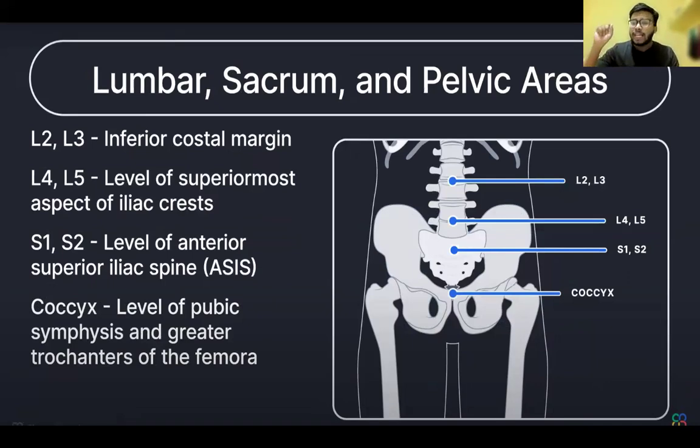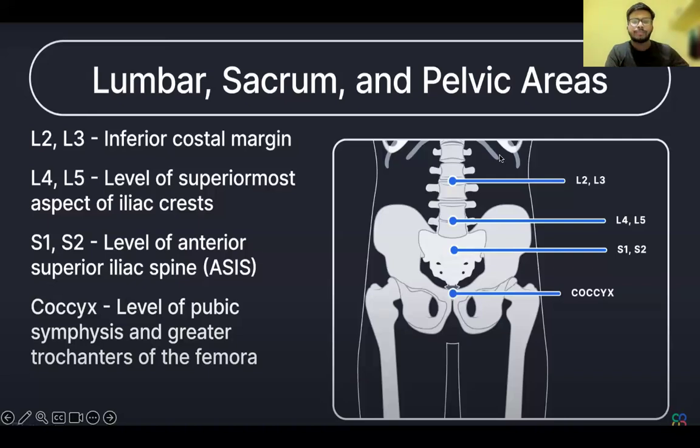At the level of L2, L3, the second and third lumbar vertebrae, we have the inferior costal margin. Inferior costal margin means the lower area of the rib cage. At the level of L4, L5, the fourth and fifth lumbar vertebrae, we have the superior most portion of the iliac crest.